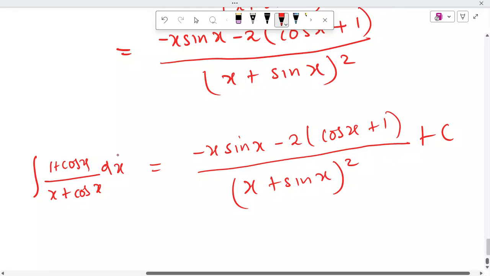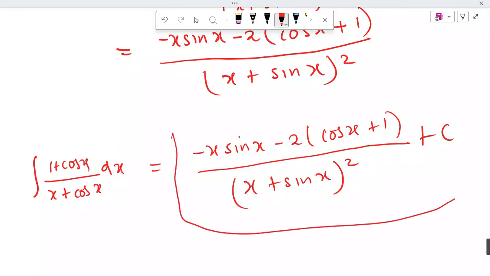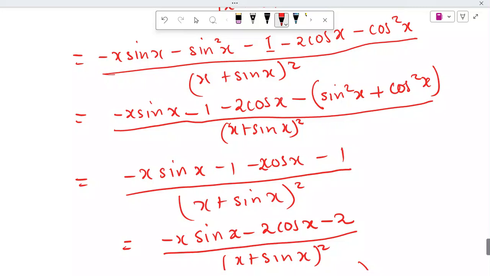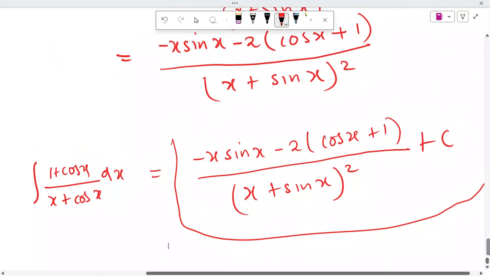Don't forget c. So this is the answer for part 8.